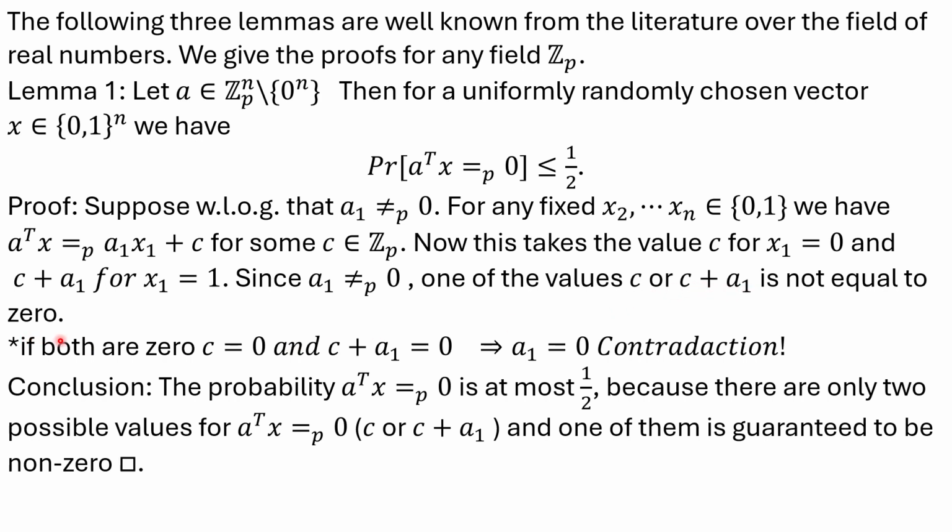If both were 0, then we would have A1 equals 0, which is a contradiction because we assume that A1 is not 0. Conclusion: the probability that A transpose X equals 0 is at most half, because there are only two possible values, C or C plus A1, and one of them is guaranteed to be non-zero.